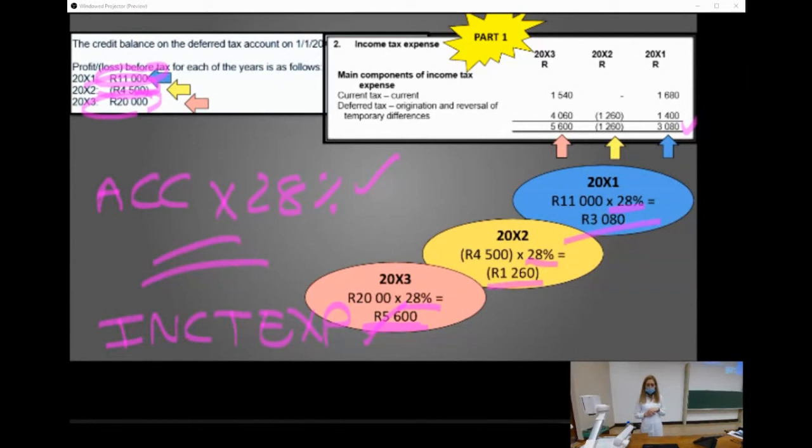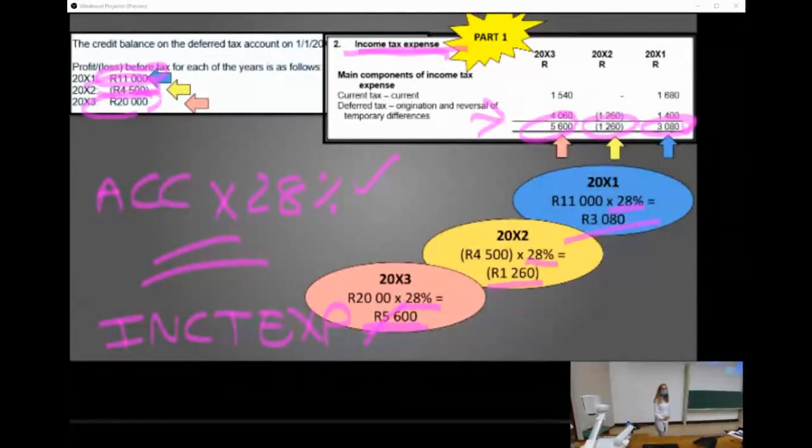In the 20x2 splokkie, do we show the tax expense as 0 or as 1260? No, in your splokkie, this total here at the bottom of your income tax expense note, those totals are going to be the totals on the face of the splokkie. Okay, so this note explains to us what the totals on the splokkie consist of.